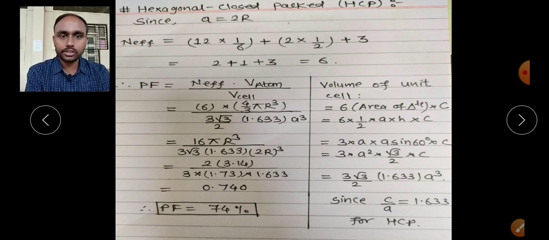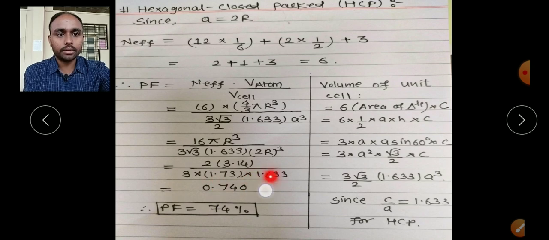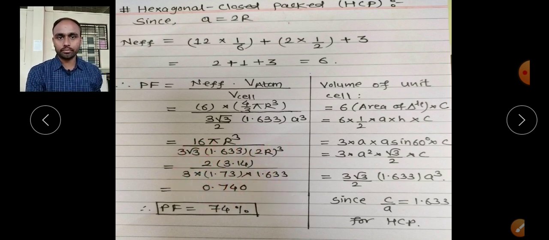Okay, value of pi is 3.14, in the denominator 3 as it is, root 3 value is 1.73 multiplied by 1.633, and if you do these calculations we got the number 0.740 something, but we will keep up to 3 digits, 0.740, and in terms of percentage, if we multiply it by 100, then it is 74%.